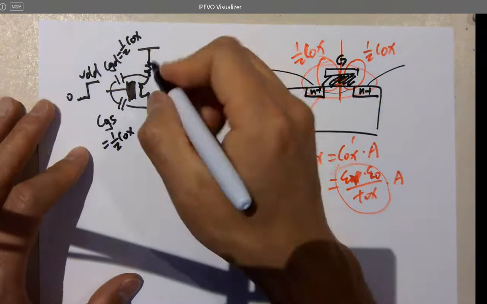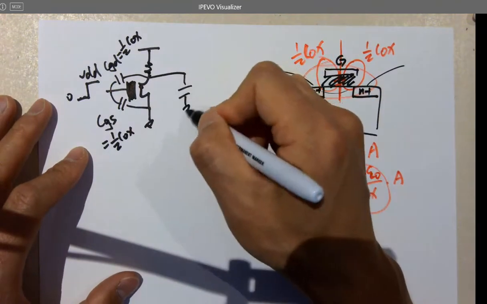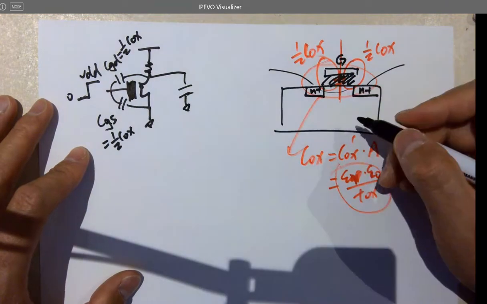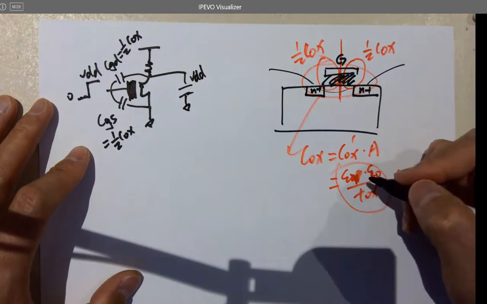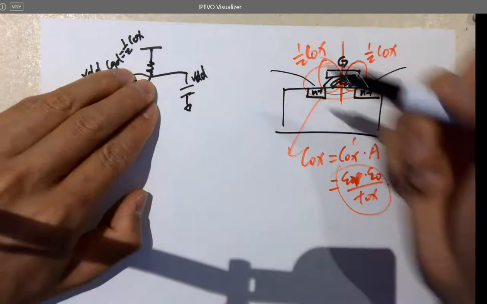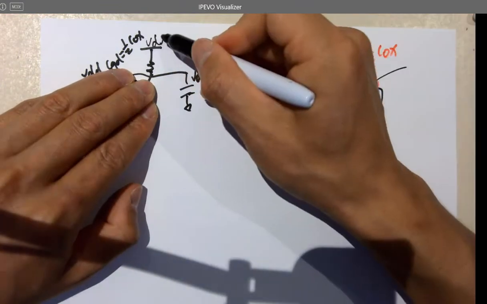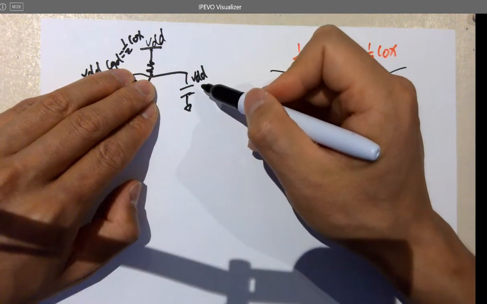However, if this one is driving, it used to be voltage high and there's a load at the very beginning and it stores VDD over there, which makes sense because whenever this is off, this is disconnected from the circuit. So the VDD here is going to charge this cap up to VDD, right?